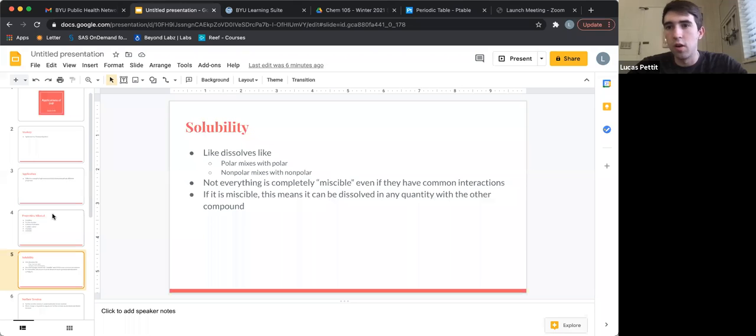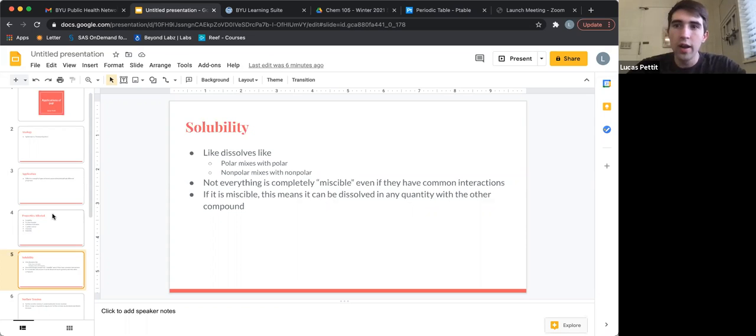Polar things are able to be mixed with other polar substances, and the same goes for nonpolar and nonpolar. This is why we see interactions of water and oil. We see them not mixing because of the polarity of the two substances.